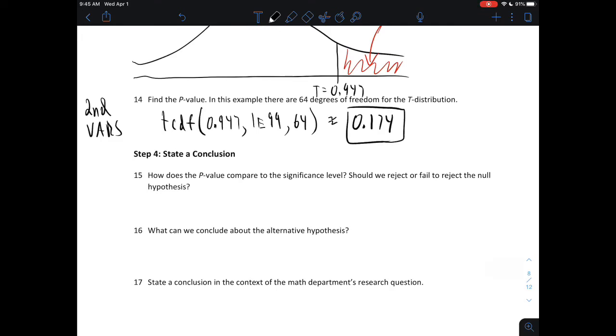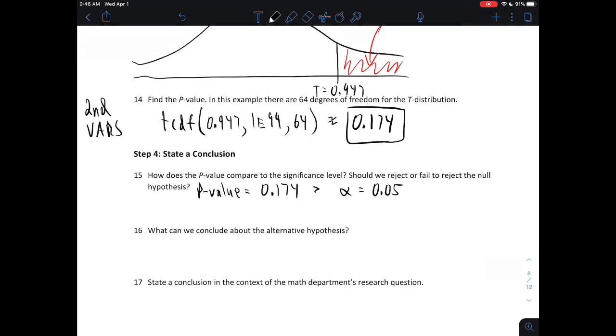So now step 4, finally our conclusions. Number 15, how does the p-value compare to the significance level? Our p-value is what we just calculated, 0.174. If we go back to the beginning of this example, we saw that our significance level was 5%, which is 0.05. So alpha equals 0.05. And we see that our p-value is greater than alpha, just by comparing those two numbers.